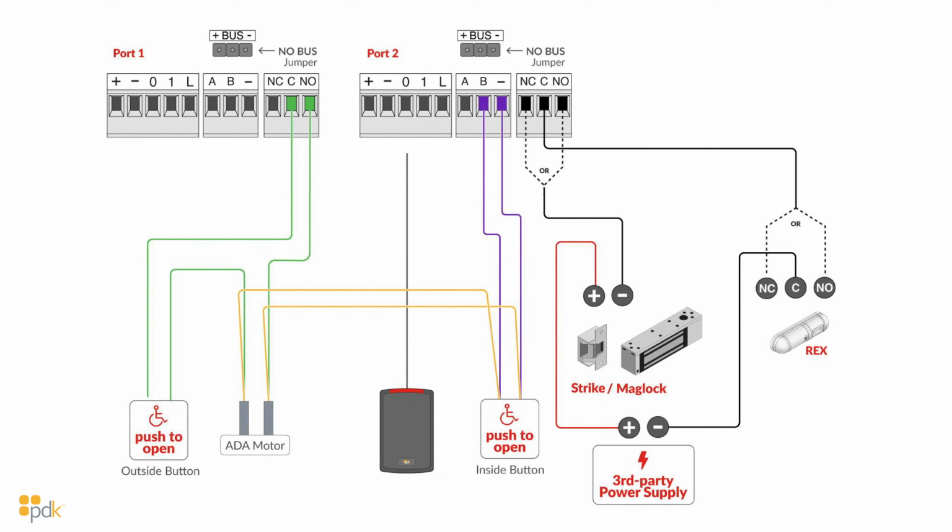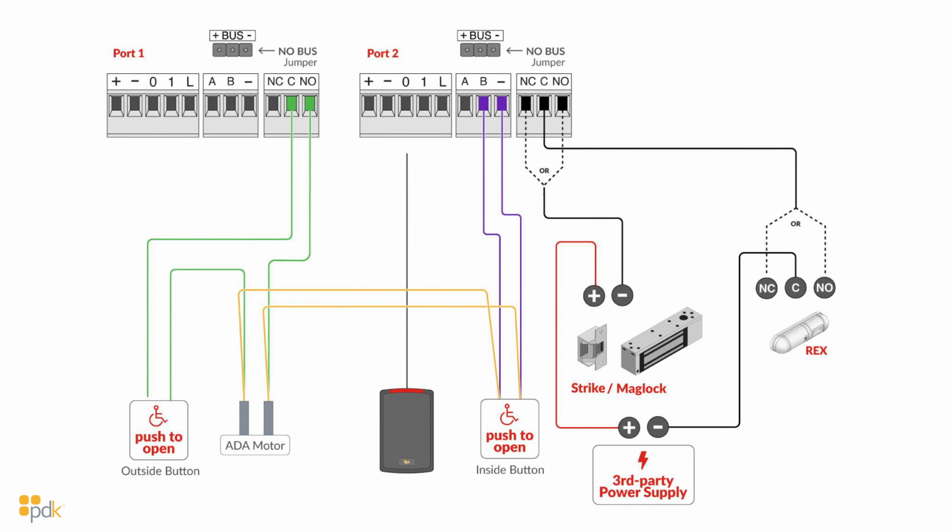So positive of the mag lock going down to the positive of the third-party power supply. The negative then follows the exact same configuration we would always follow with a mag lock when we tie it in line. We would go to the common or normally closed of the REX, and then we take the normally closed of that REX and go up to the common of the PDK relay.